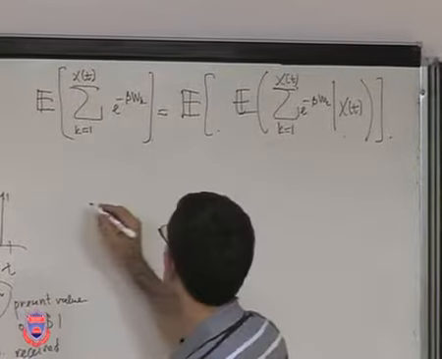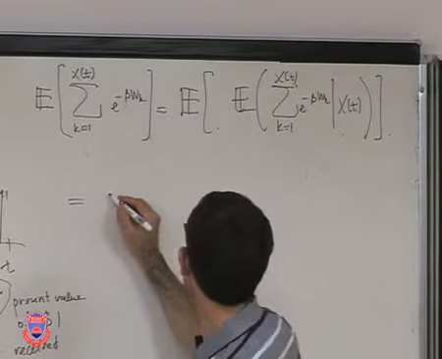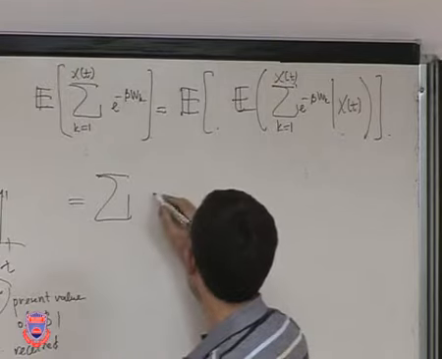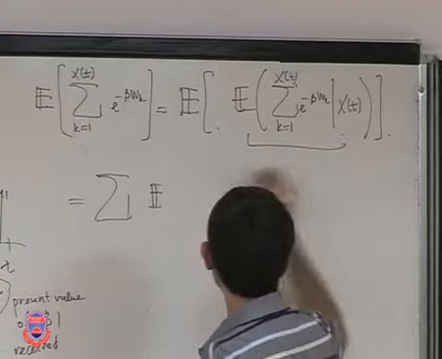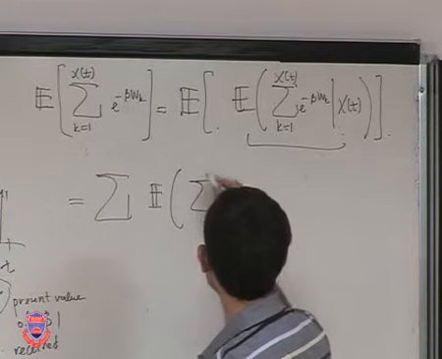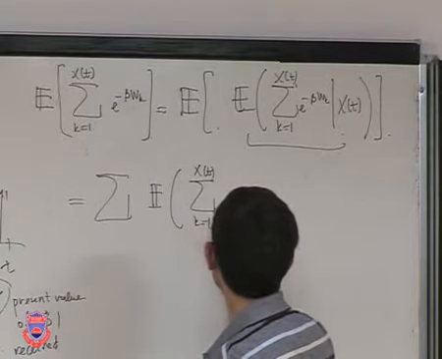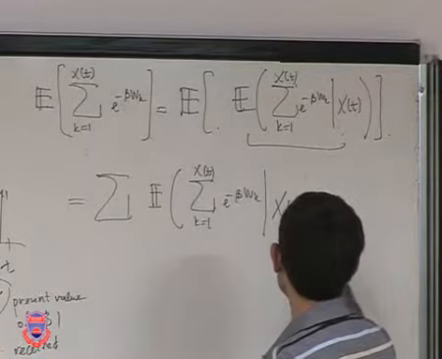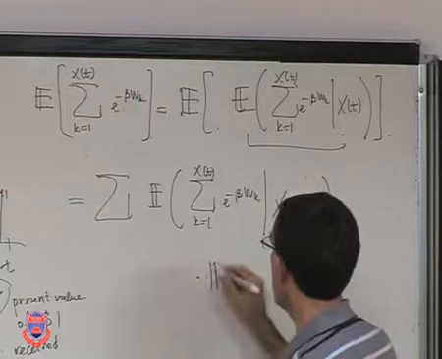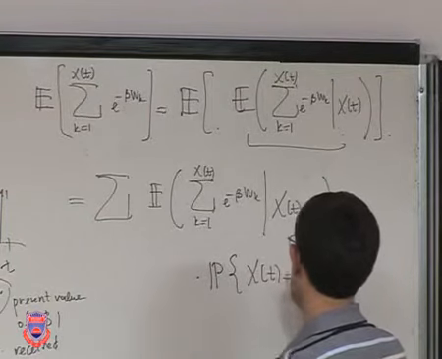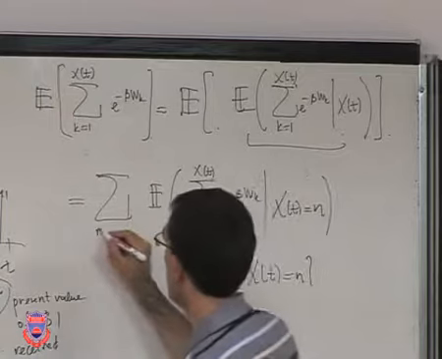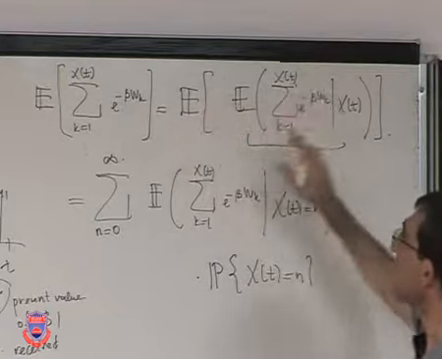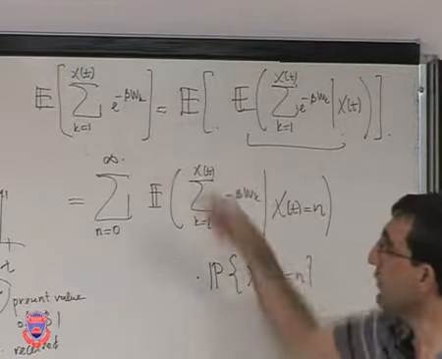I write it like this, but what this means is basically this conditional expectation, given that xt equals n, times the probability that xt indeed equals n. Right? Okay. If you prefer, we can just forget about this. Perhaps we can see the connection between these two.